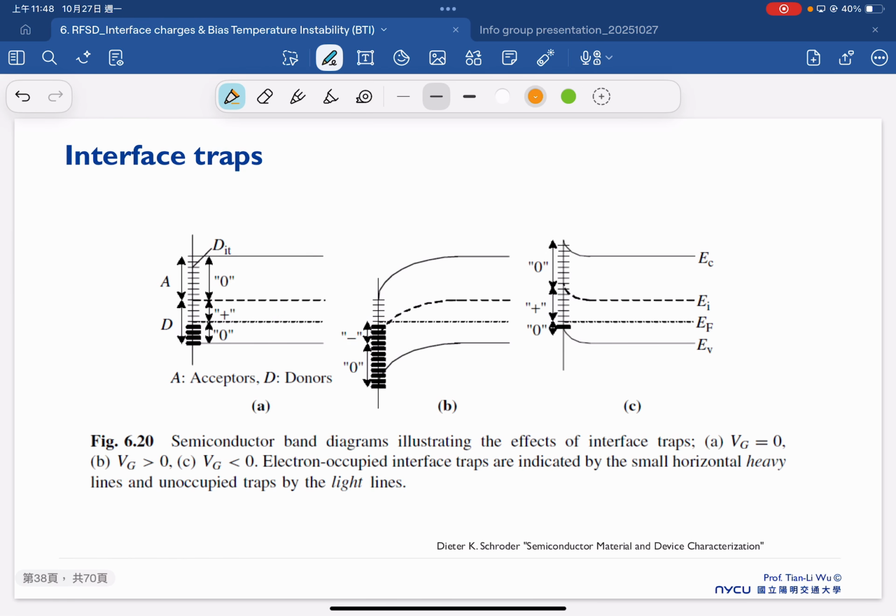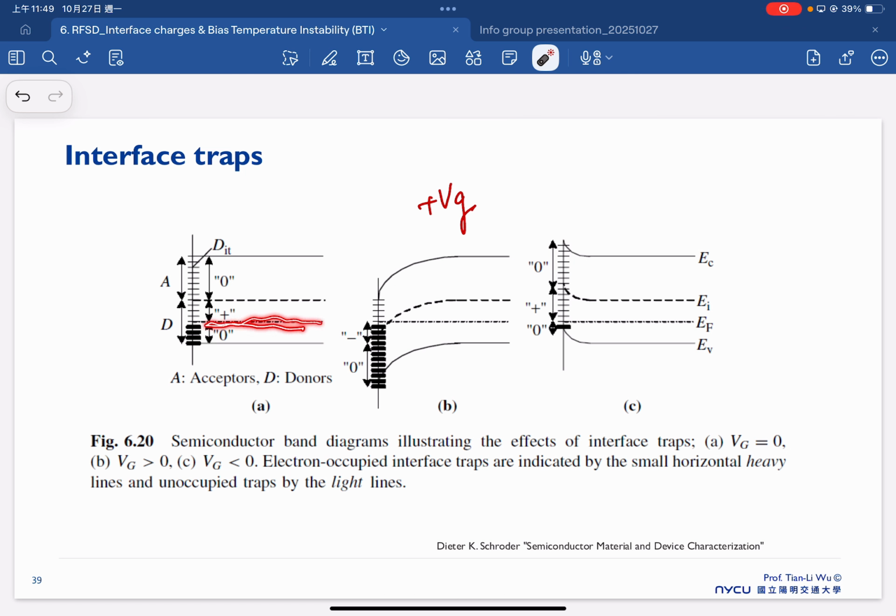Okay, so the next one is we can also consider interface trapping by considering different gate bias, which will also tune the band diagram. For example, in this case with a positive gate bias, originally your Fermi level EF is here, but once you increase the gate bias, you are getting more and more of this forbidden band region below our EF.